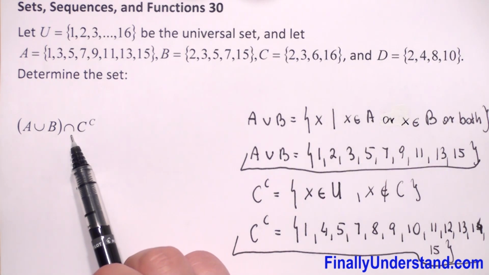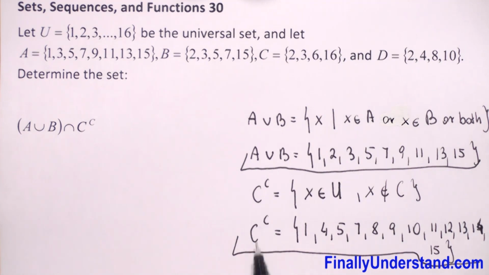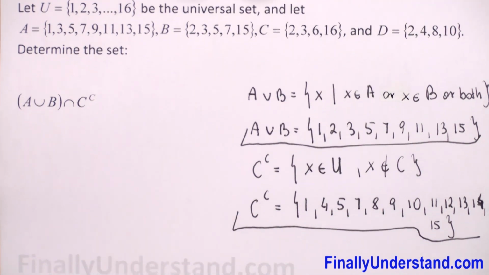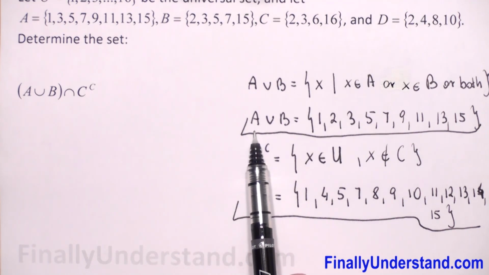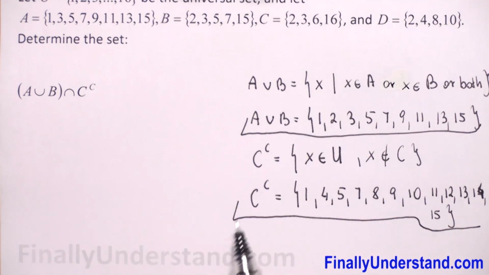We have intersection of these two sets. We know what is the intersection, in other words, the product of two sets is all elements which belong to the union of A and B and belong to complement of set C.